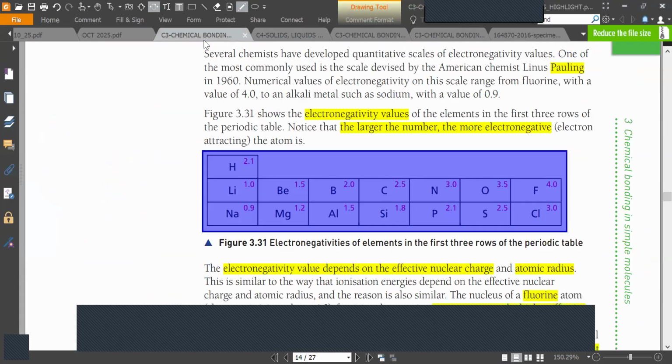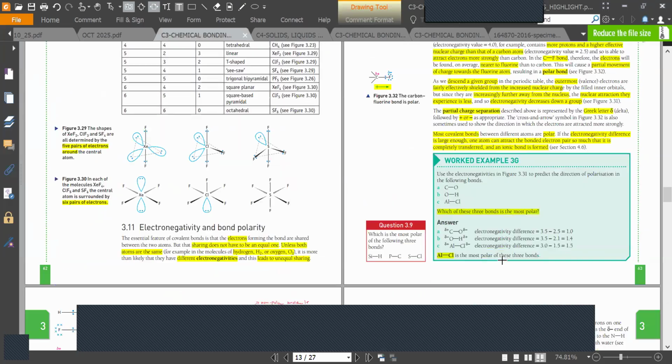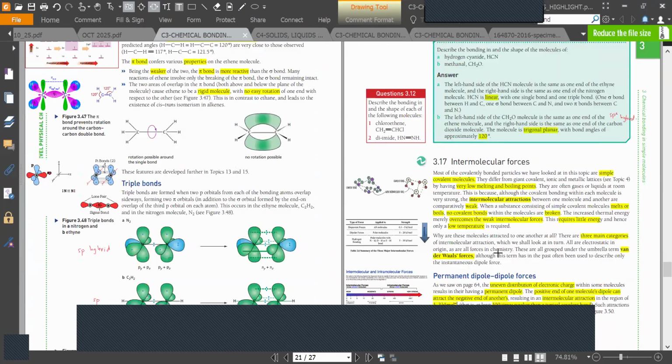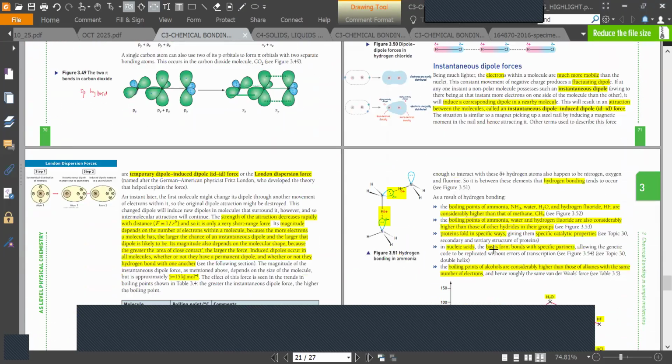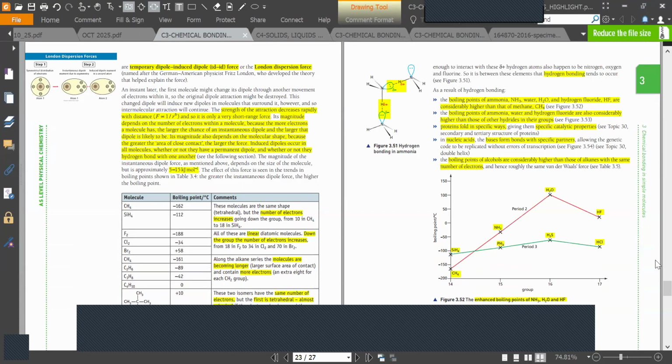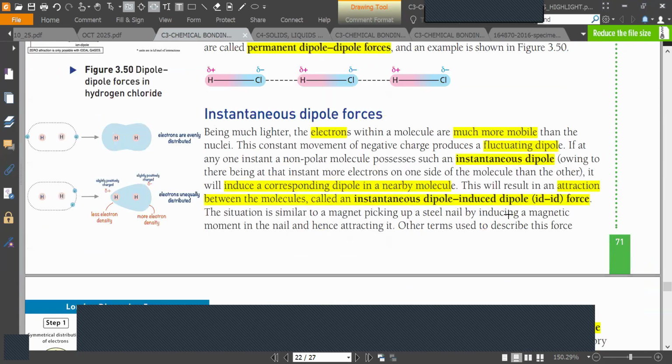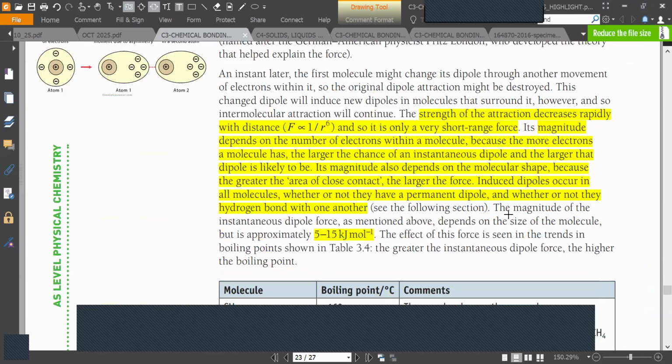So if we refer back to our notes, we did discuss that briefly. Instantaneous dipole, temporary dipole. It depends on the number of electrons present, because the more electrons the molecule has, the larger the chance for an instantaneous dipole to be likely.